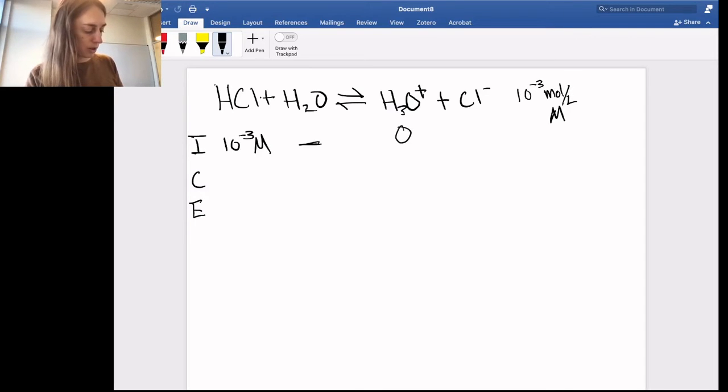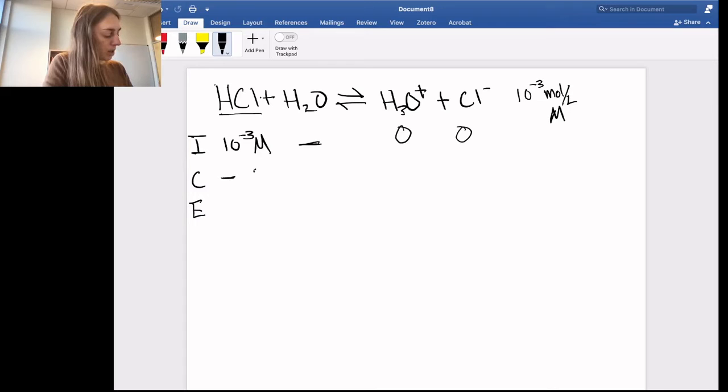And for the sake of this, we have 0 moles of hydronium ions and 0 moles of chloride ions, because we added our hydrochloric acid to pure water. For our change, because this is a strong acid, we're assuming that all of our hydrochloric acid is going to dissociate, all of the protons will be donated.